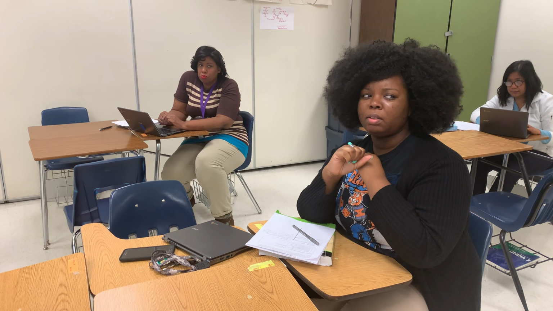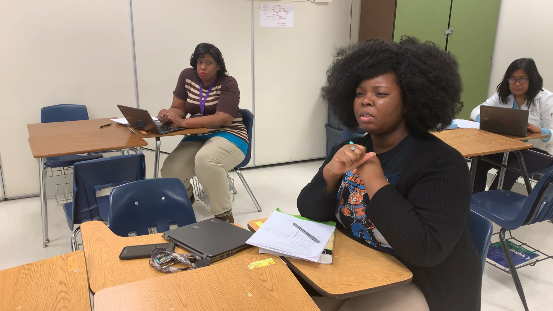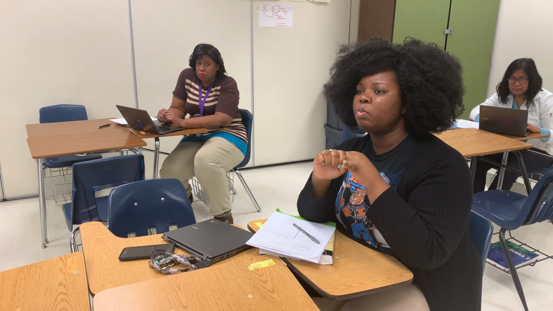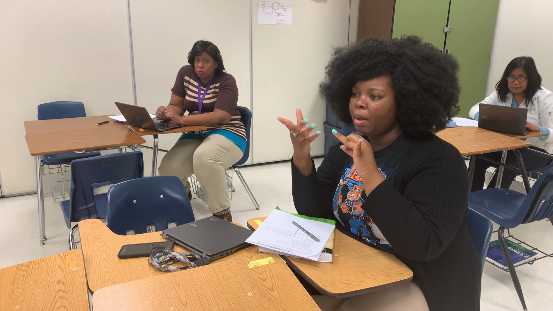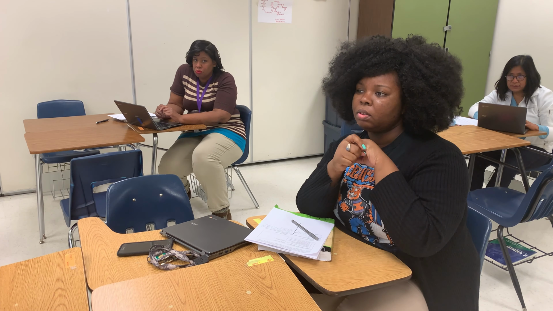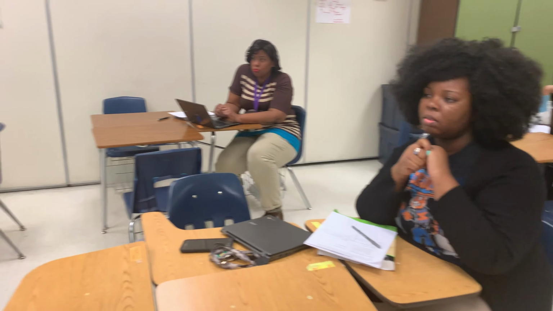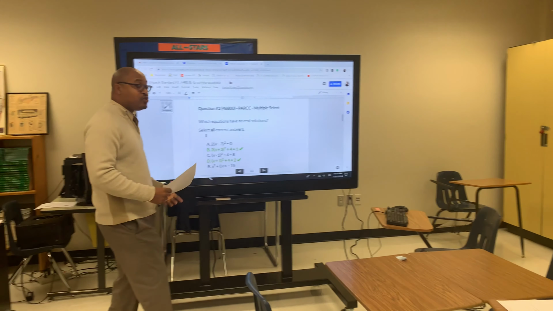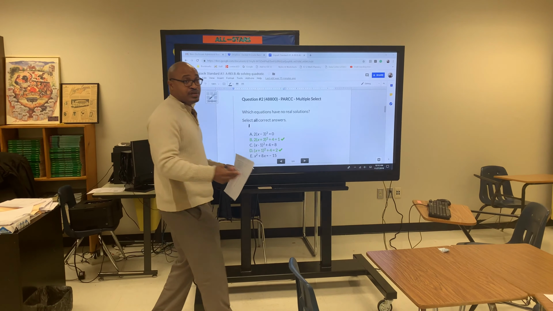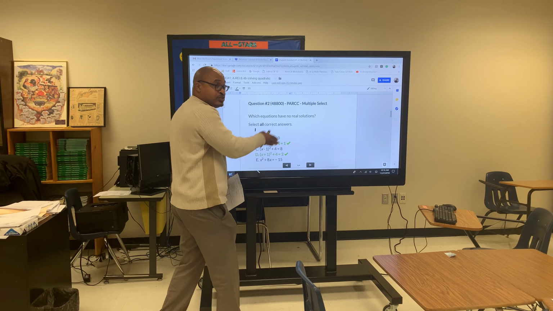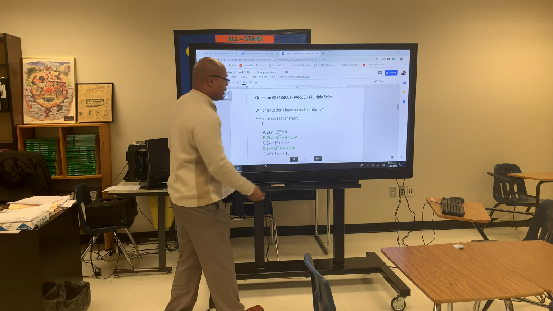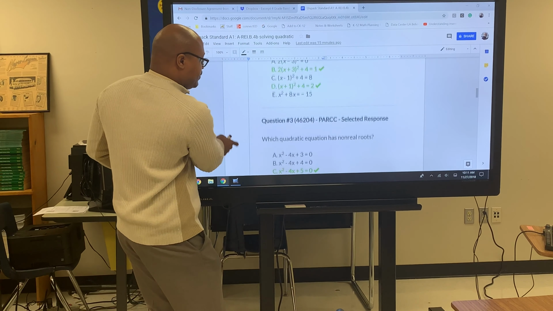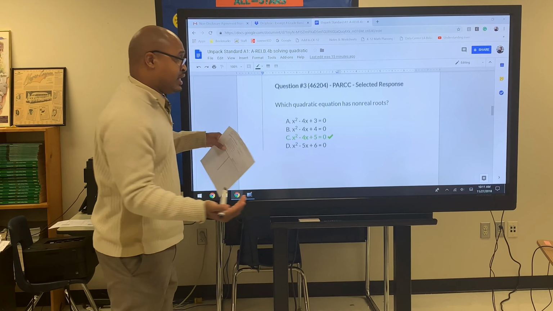DOK level 1 was more conceptual, and level 2 was procedural. So this, which equation has no real solutions, is an identification type of thing. That's more of a DOK 1, because we're just identifying which one has no real roots. So we can probably use that one, maybe.